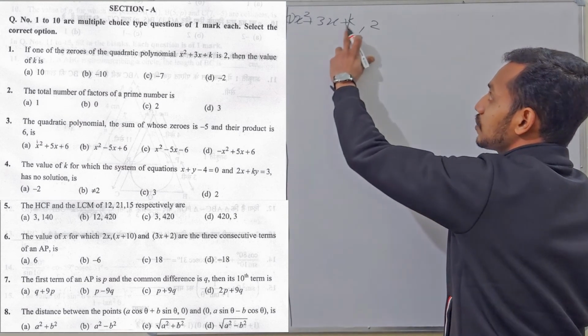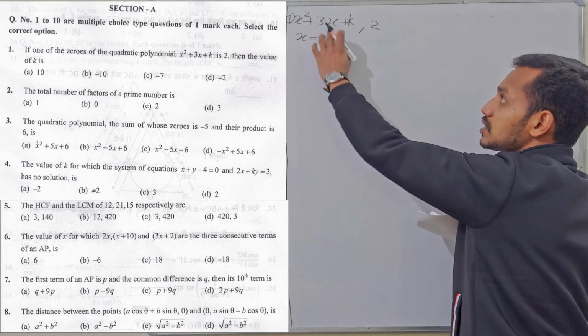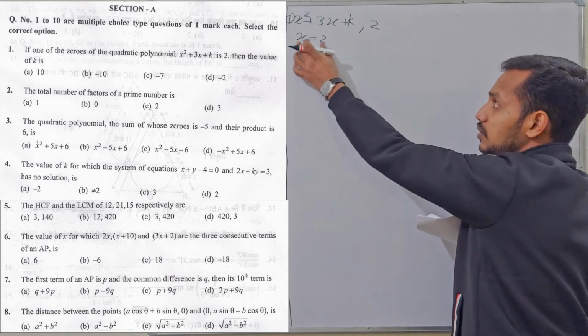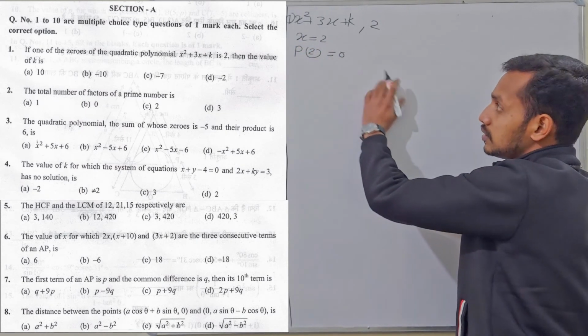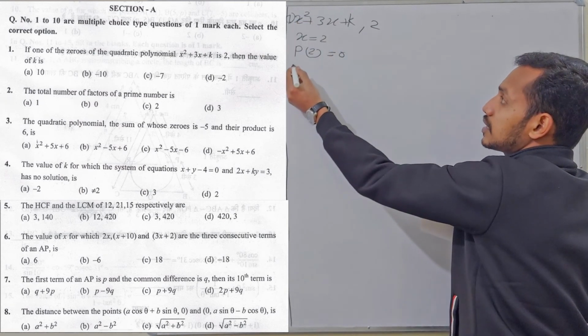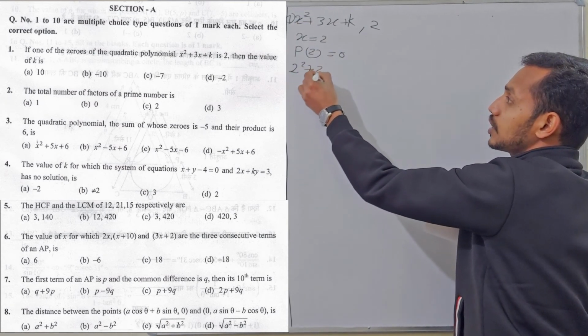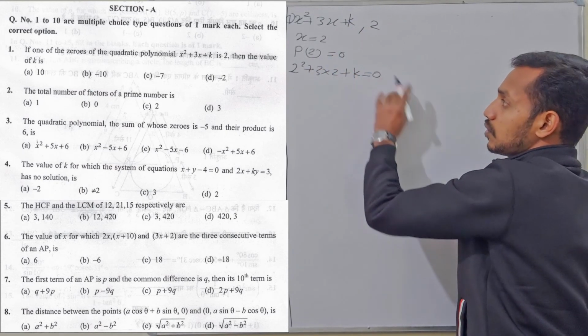So to get the value of k, just substitute x equal to 2, since it is a zero of the given polynomial. So p of 2 should be 0. Clear? That is the meaning of a zero of a polynomial. Then we get 2 square plus 3 into 2 plus k is equal to 0.